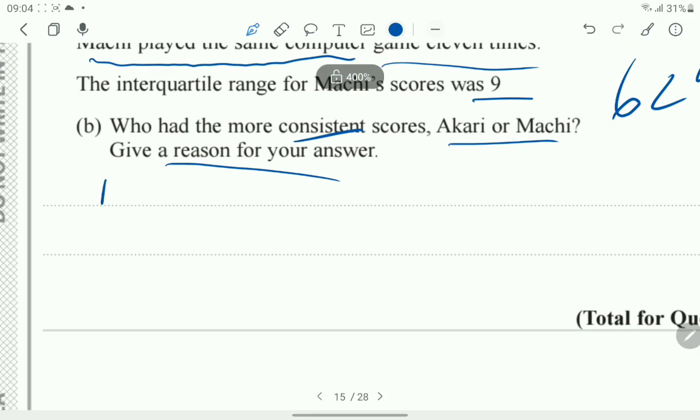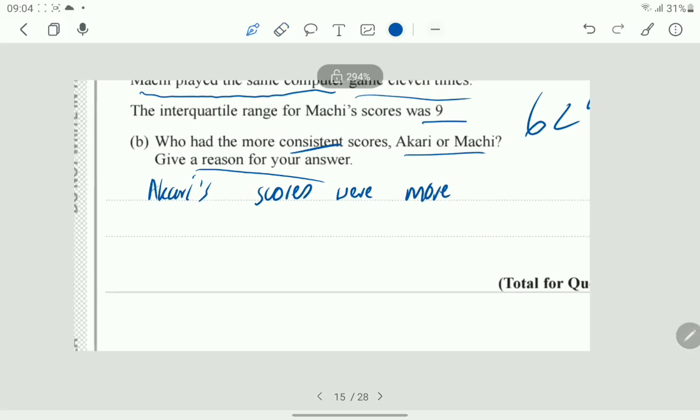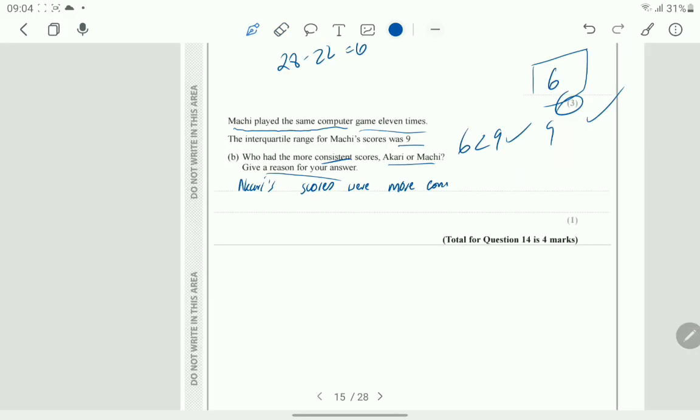So Akari's scores were more consistent and less spread out.